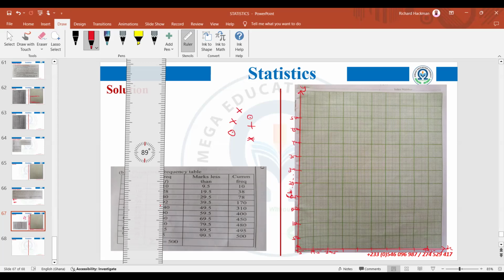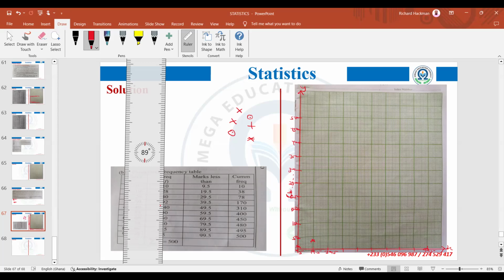Then the next one, 19.5 gave us 38. So that one too, you come and indicate. You know what each small box represents. This one will be 25, so 25 will be midway. You read and get the exact point. Now 29.5 is giving us 78.